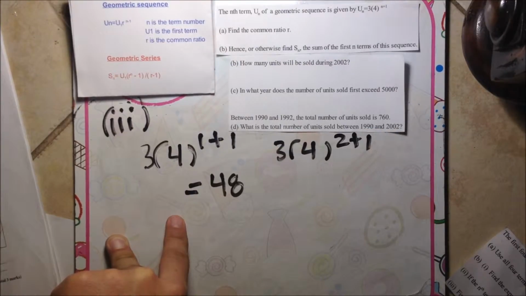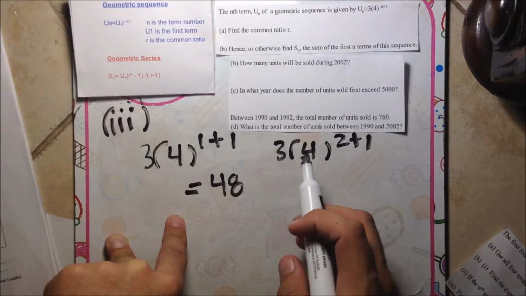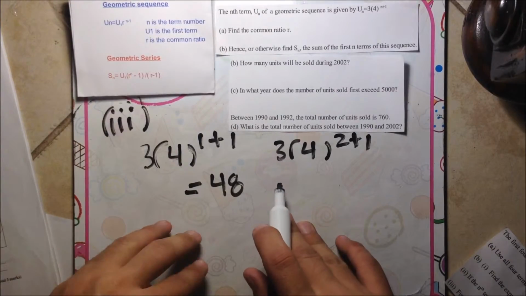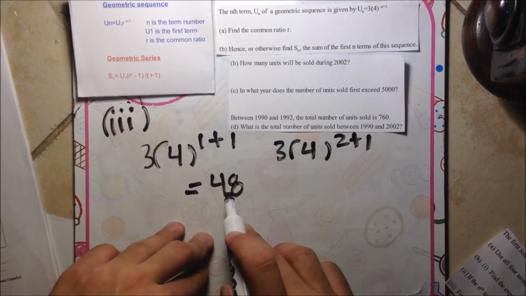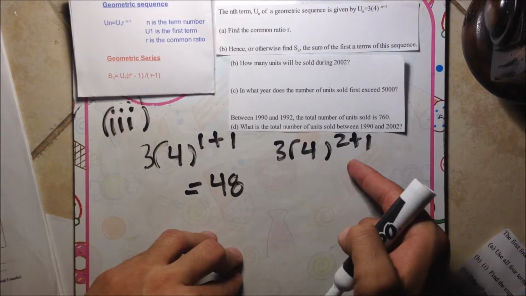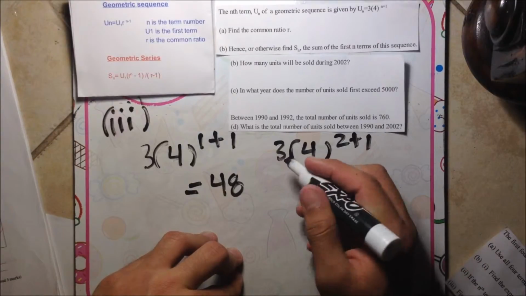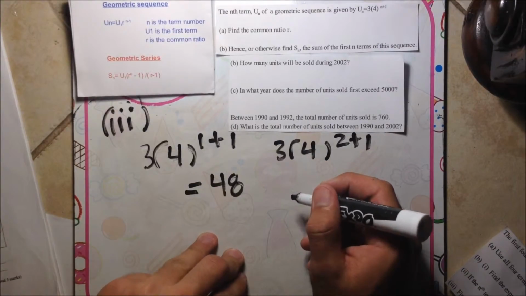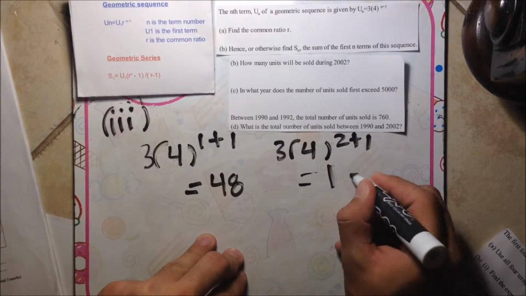We're doing this because this is a geometric sequence, so we want to see the difference between this number and the number we're going to get here, and then determine the common ratio r. So in this case, after solving for this, we get the answer 192.